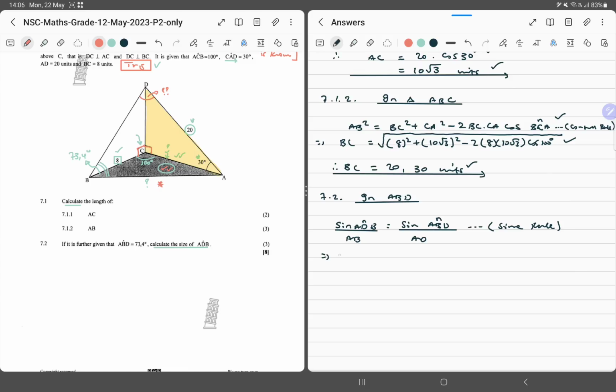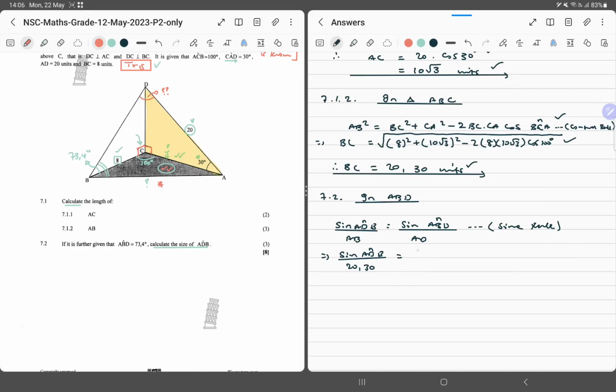So this implies that sine of ADB over AB, which we just calculated, is 20,30. Don't worry about the rounding off; it was already an answer above, so you take it as it is.